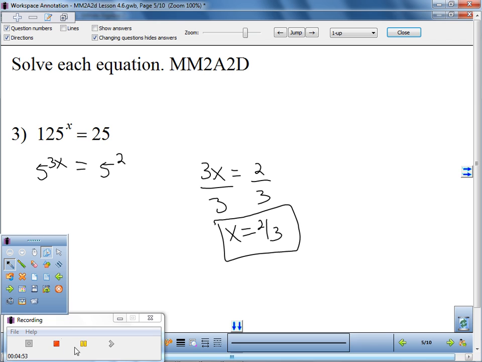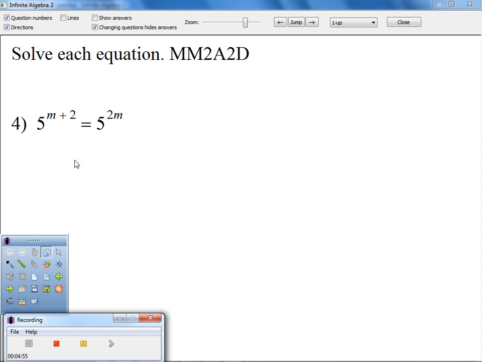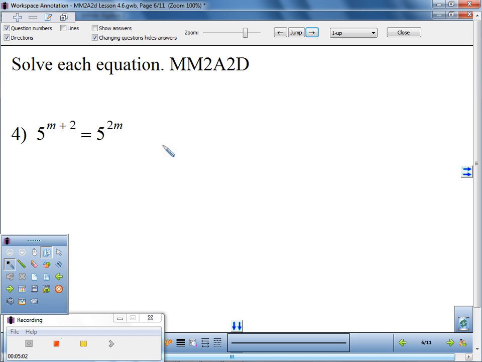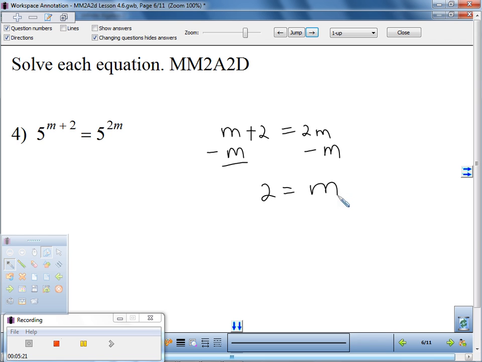Now in this example they already have the same base, so we can just put the exponents equal to each other. We end up with m plus 2 is equal to 2m. We've got to get our m's together, so I'm going to subtract m from both sides, and we end up with 2 is equal to m.